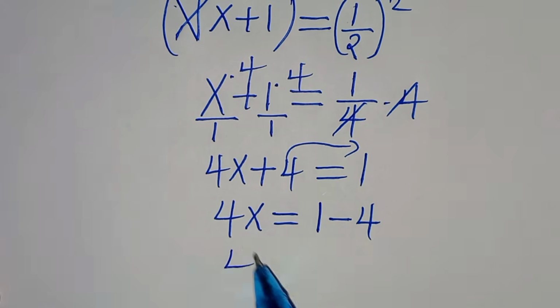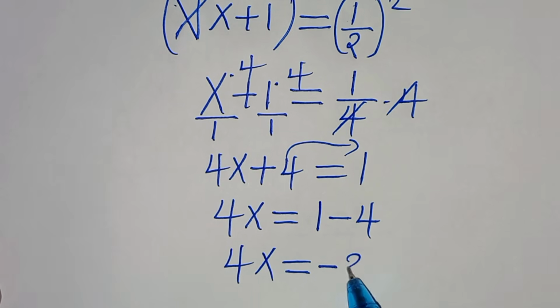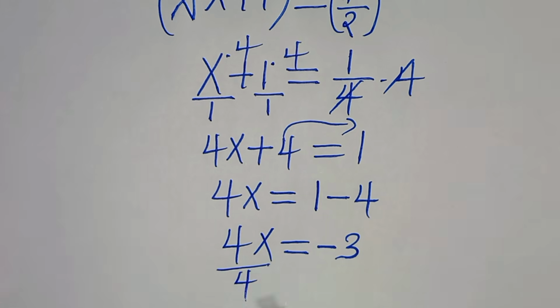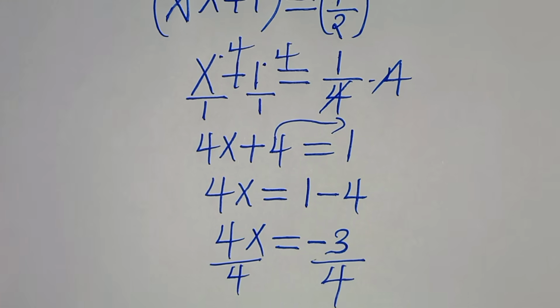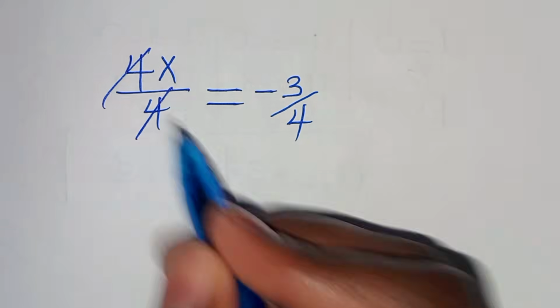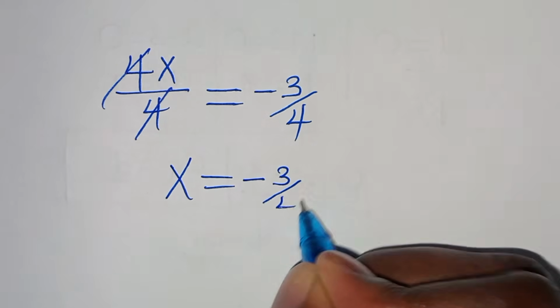And this implies that 4x is equal to 1 minus 4. This is minus 3. So let's divide both sides by 4, so that now, let's simplify 4 and 4 here so that x is equal to minus 3 over 4.